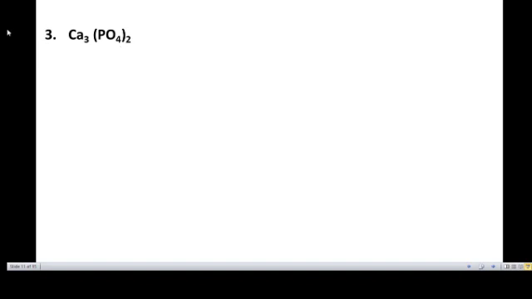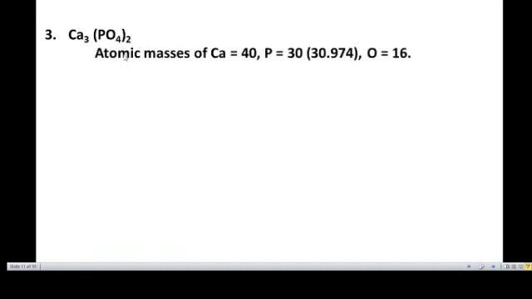Third one, Ca3(PO4)2, calcium phosphate. Atomic mass of calcium is 40.